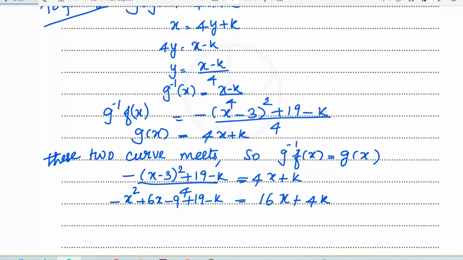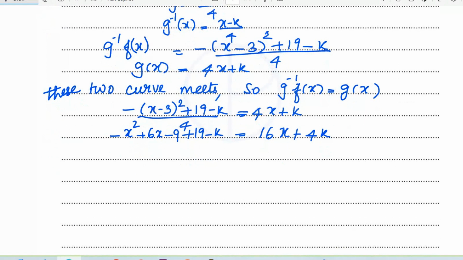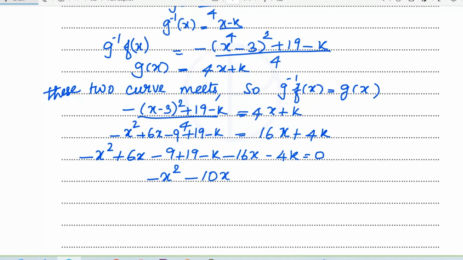Now bring all the terms to one side. So you get minus x square plus 6x minus 9 plus 19 minus k minus 16x minus 4k equal to 0. Let's simplify this one: minus x square minus 10x plus 10 minus 5k equal to 0.